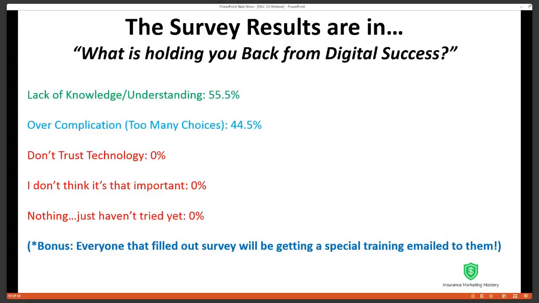I gave you 5 options, but notice only the top 2 got answered at all. Lack of knowledge and understanding was the majority, but right behind it was overcomplication, too many choices. The last 3, not a single person put as their option on the survey, not a single person. So that tells me that you trust technology, you understand it's important, and you've tried it.